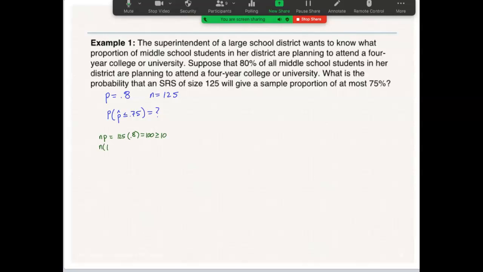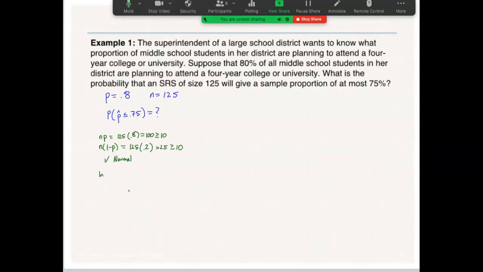And then n times 1 minus p, it's 125 times 0.2, which is 25, which is greater than or equal to 10. So it's safe to assume that my sampling distribution will be approximately normal in shape.